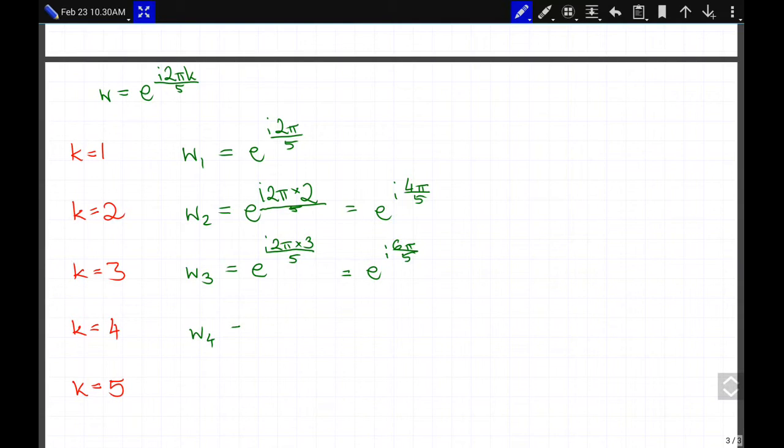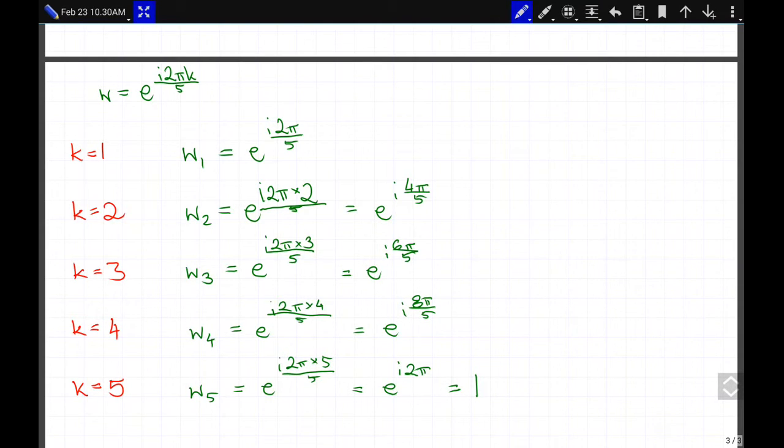So we have w4 is e to the i 2 pi times 4 over 5, that's e to the i 8 pi over 5, and we have w5 equals e to the i 2 pi times 5 over 5, which is just e to the i 2 pi, and that is 1.